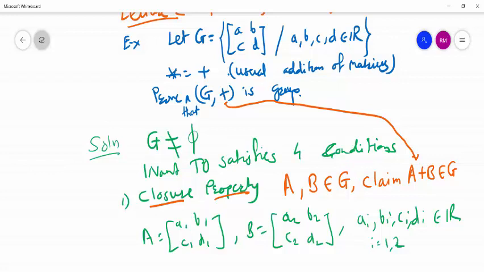So we have to check whether A plus B belongs to G. How do we prove it? Their addition: A is this, A plus B is like this. First entry is a1 plus a2. See the board carefully.